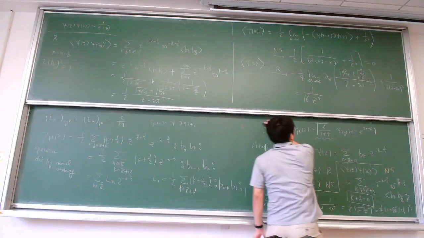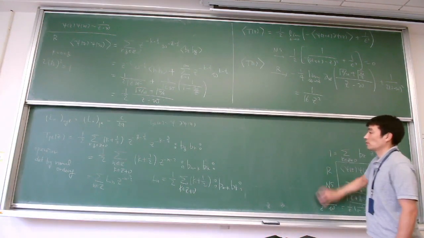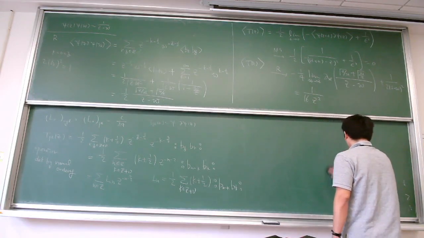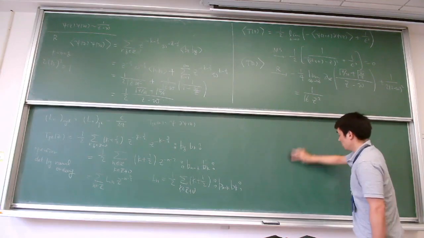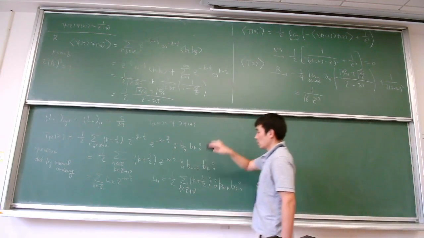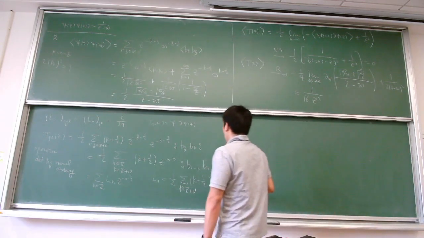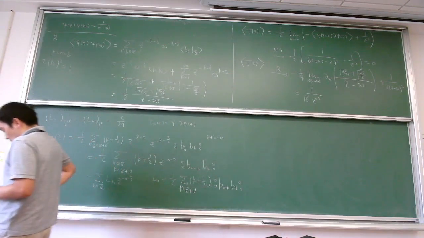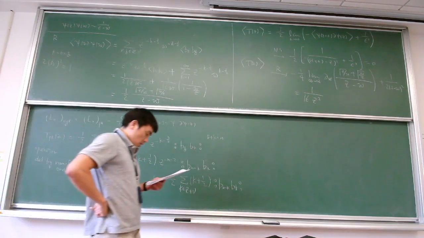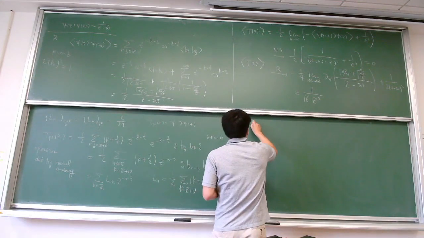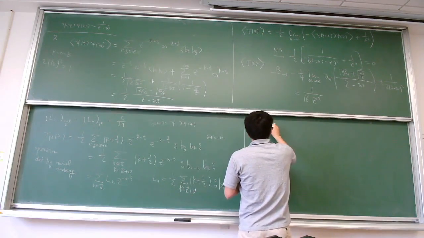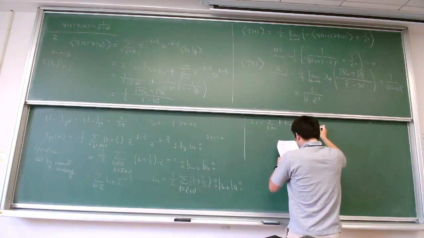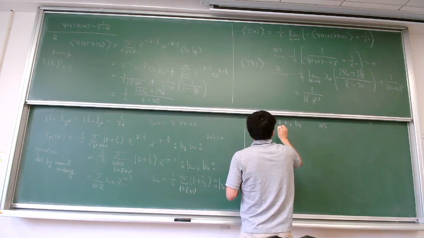Here, of course, Q plus K is equal to N. So here, Q plus K is equal to M. Therefore, L0 is equal to K, V minus K.